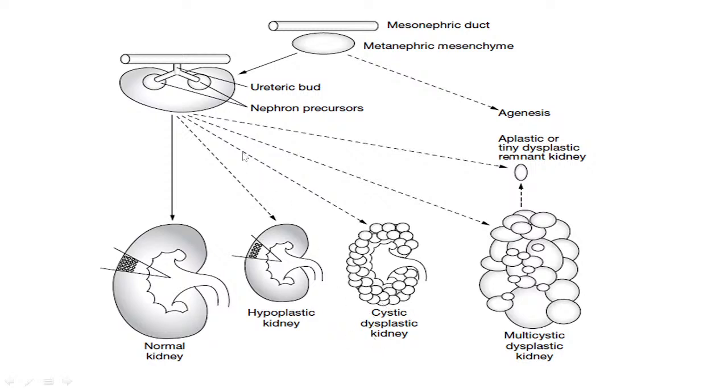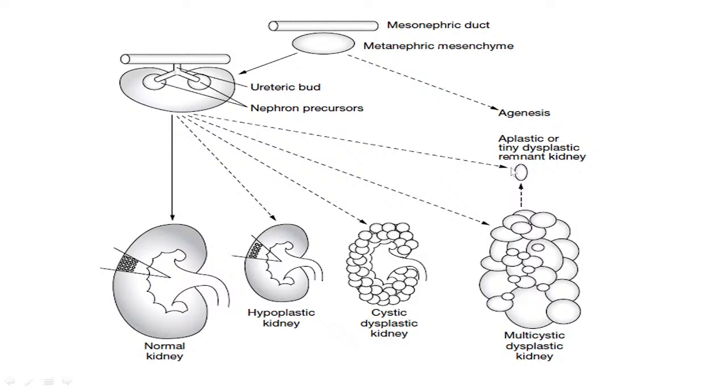In addition, when the mesenchyme is not taking much part but the cysts are prevailing, that is a multicystic dysplastic kidney. The kidney is smaller than the hypoplastic, and a very small aplastic or tiny dysplastic remnant can also be seen, which is not normally identified on fetal ultrasound or fetal autopsy as an identifiable kidney.